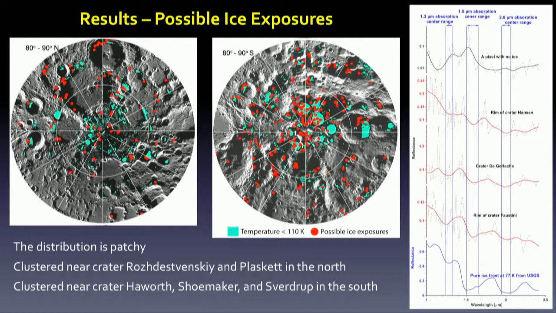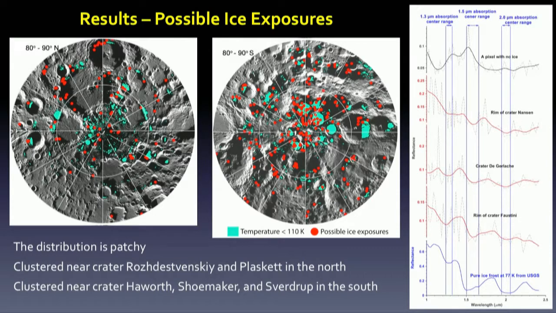On the South Pole, we see more exposures, mostly concentrated near the poles, and maybe clusters around craters Hermite, Shoemaker, and maybe this crater called Sverdrup.